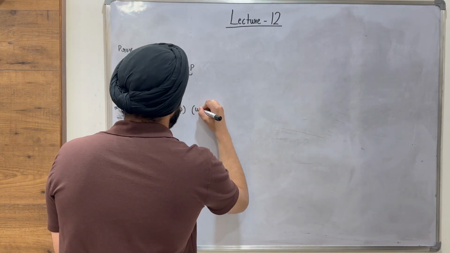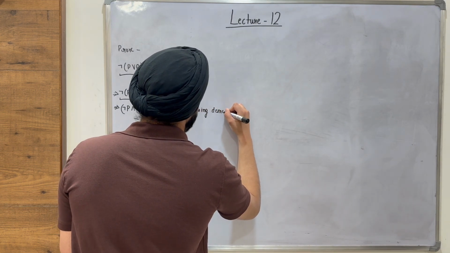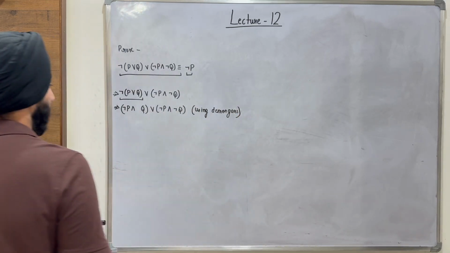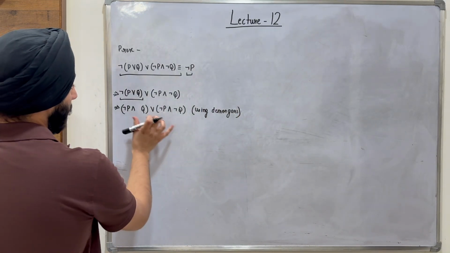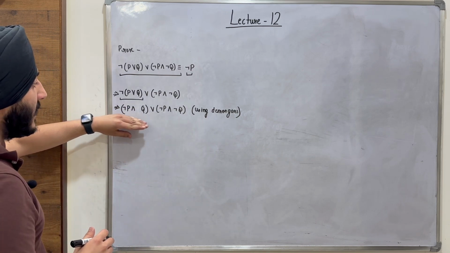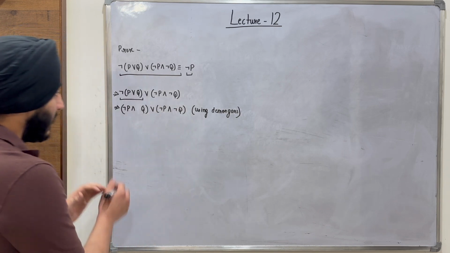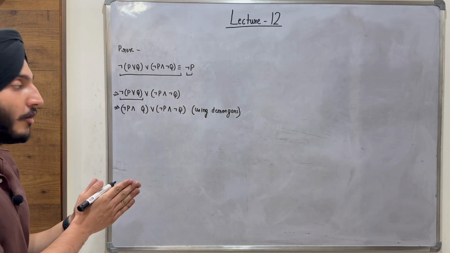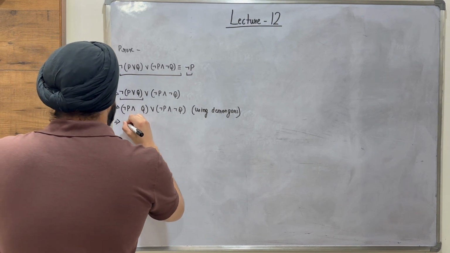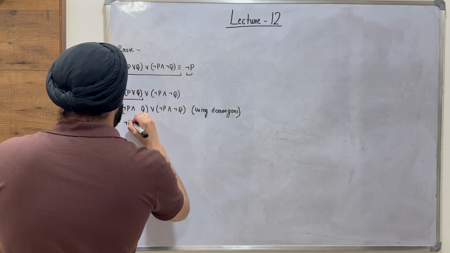So, using De Morgan's. Okay. So now, if you notice very clearly, this is negation of P and Q, or negation of P and negation of Q. This is actually the distributive law, right? So what I get is I can take this negation of P common, right?